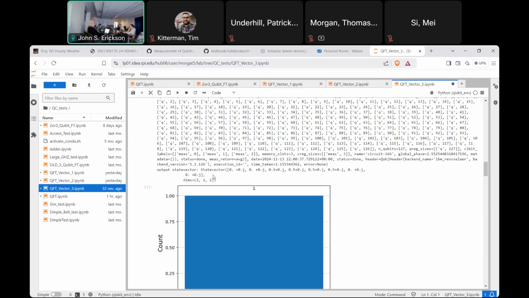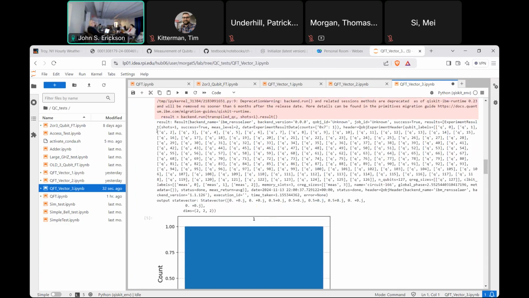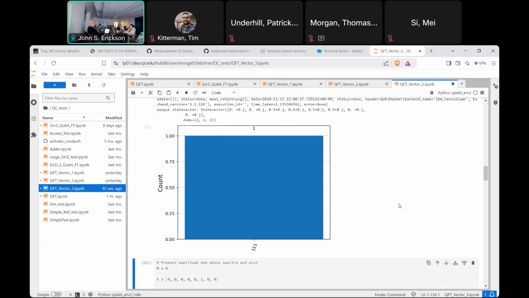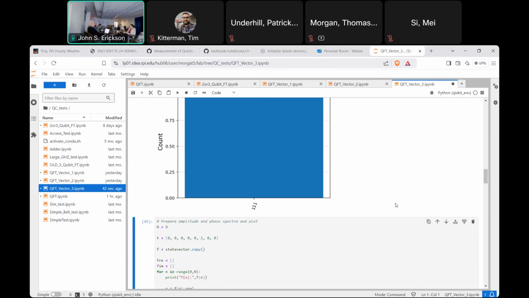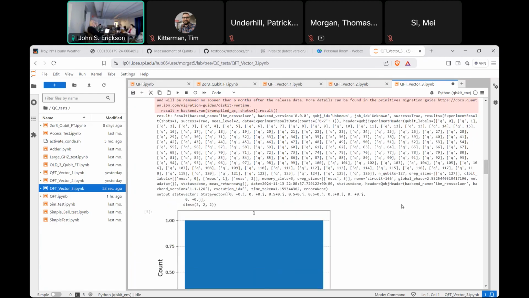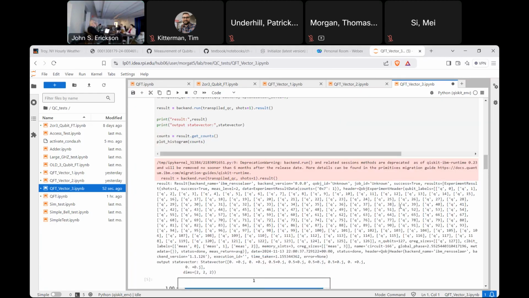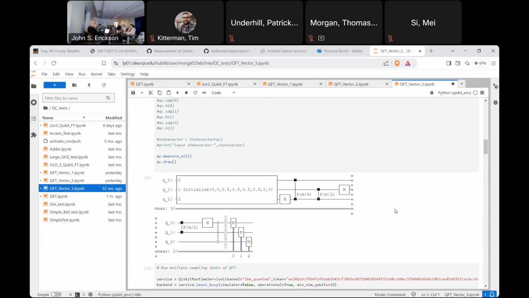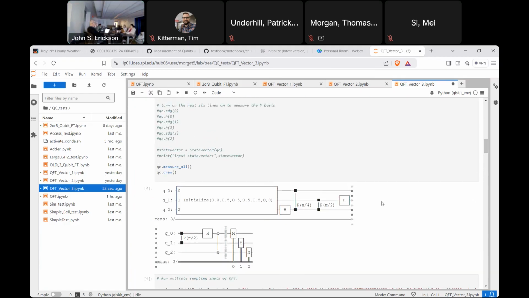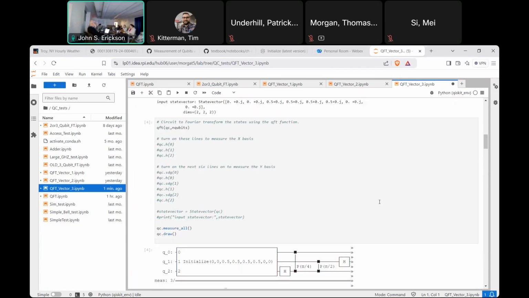Yeah, and this is the big results thing. And here's the output state vector at the very bottom: 0, 0, 0.5, 0.5, 0.5, 0.5, 0. That says output state vector. Oh, I'm an idiot.